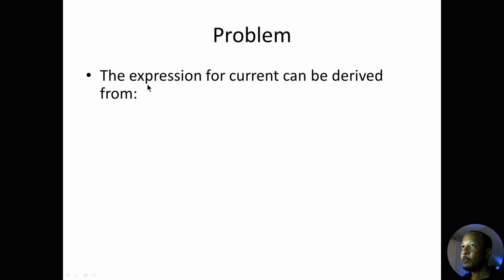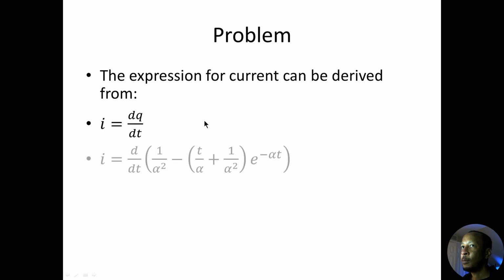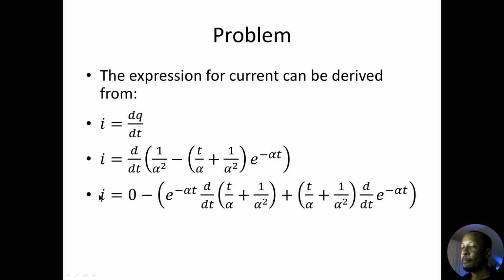Next, the expression for current can be derived from the relationship I equals dq/dt. And so I equals d/dt of your charge expression, which is (1/α² − (t/α + 1/α²)) times e^(−αt).